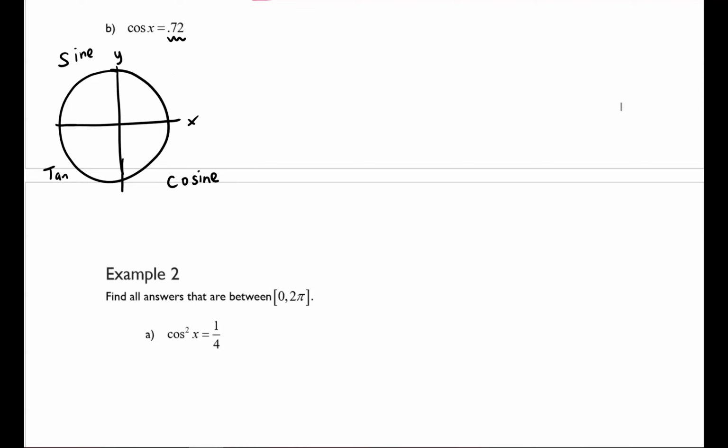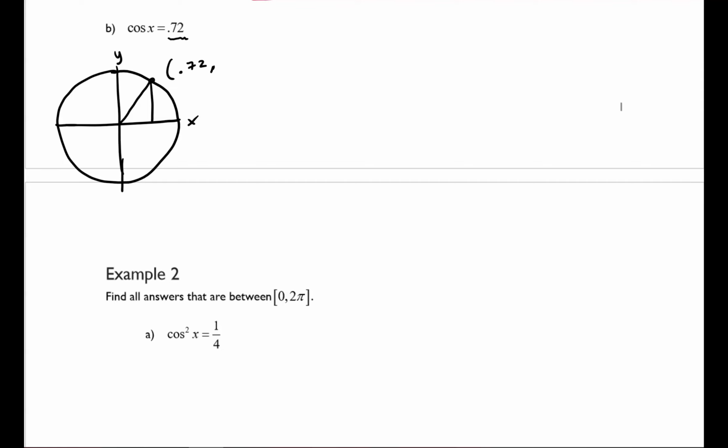What this tells us is that when we are seeking out solutions, because 0.72 is a positive number, there's going to be, I'm going to redraw this circle so that it looks a little bit nicer. Okay, so there's going to be some angle in quadrant 1 so that this terminal point here is 0.72, comma, something.